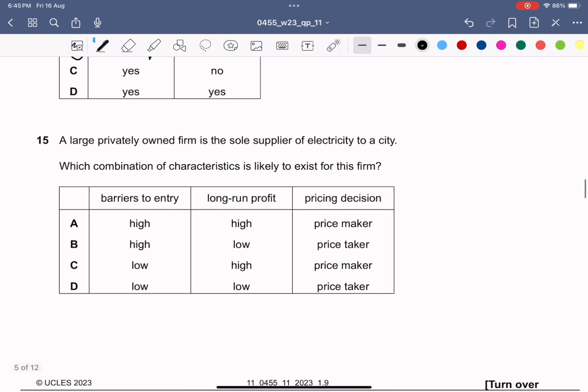15. A large privately owned firm is the sole supplier of electricity to a city. Which combination of characteristics is likely to exist for this firm? So the keyword is sole supplier. Sole supplier refers to monopoly. This question is testing the characteristics of monopoly.